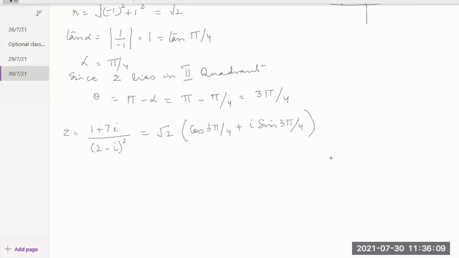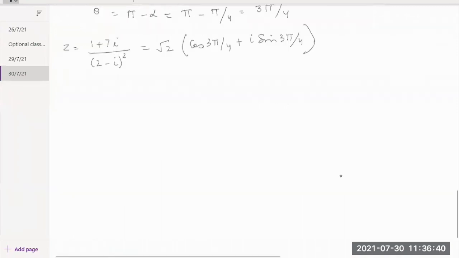This becomes your complex number in the polar form. R is there, theta is there, and the two ratios are there. And in the middle, I have the positive sign. This is the standard form of representation of the complex number in the polar form. All right.